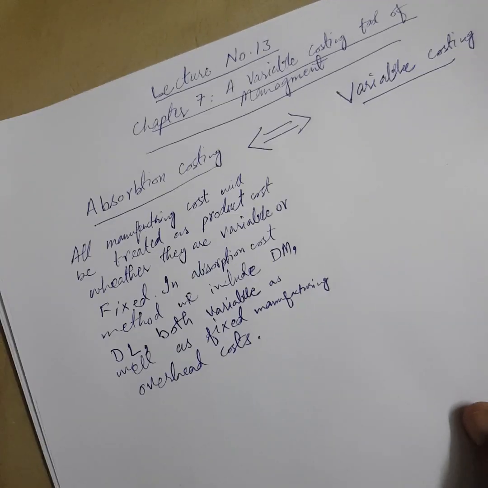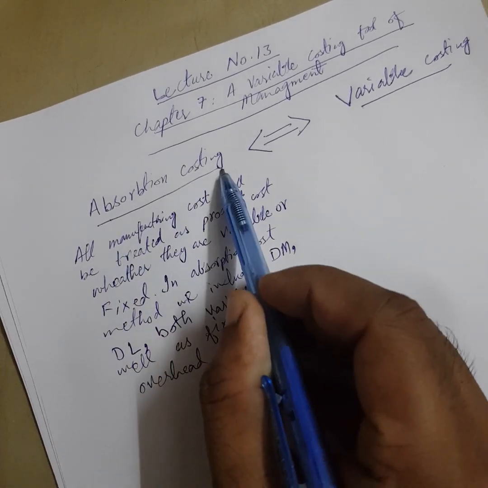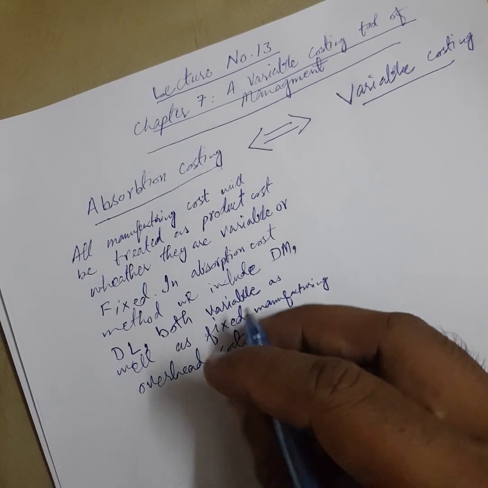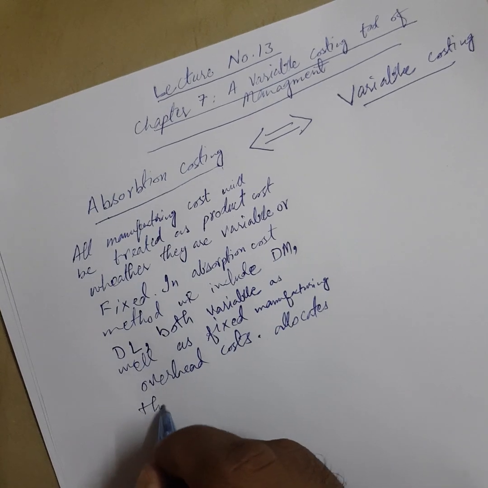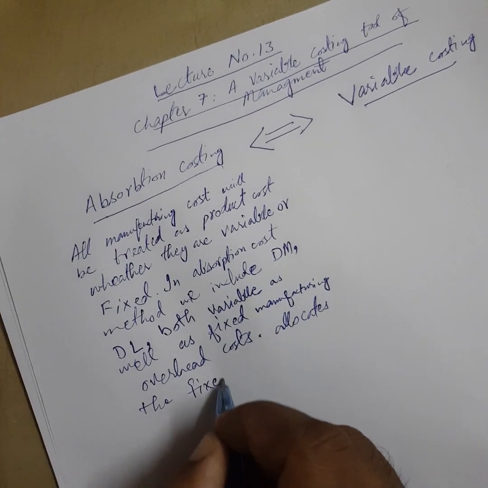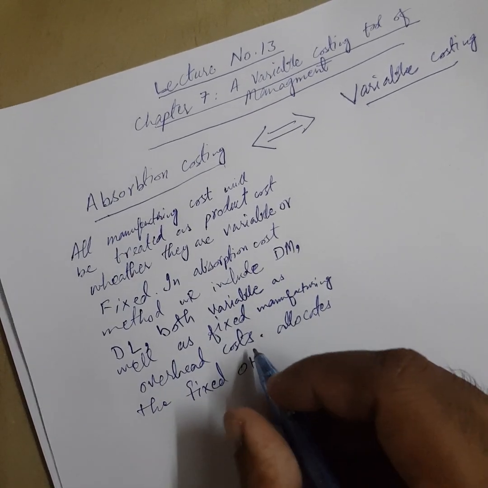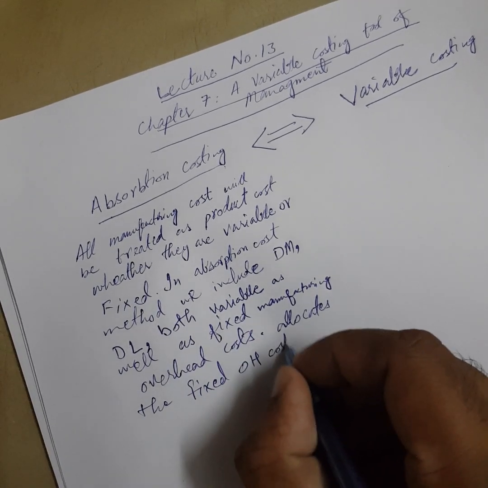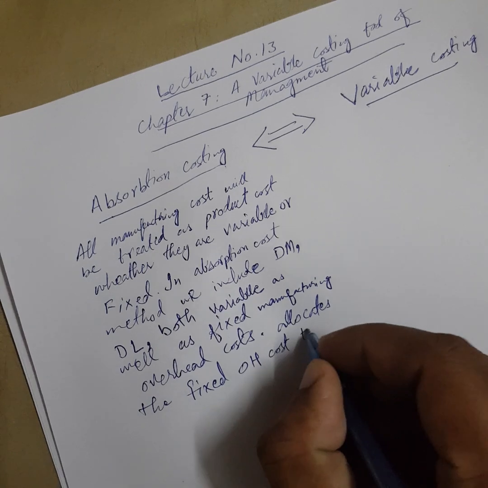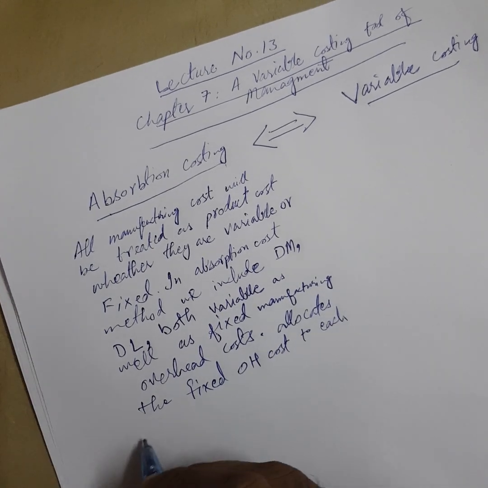It means the absorption costing method allocates the fixed overhead cost to each unit of product.